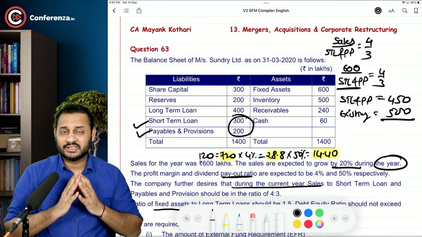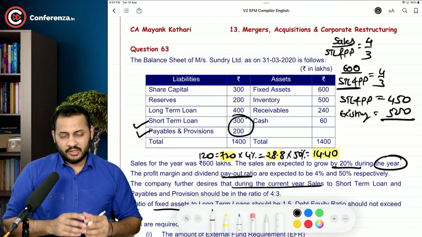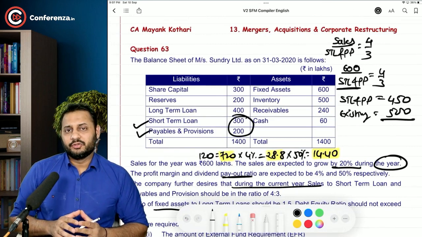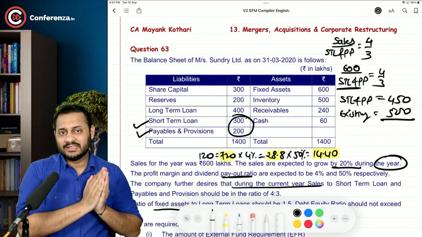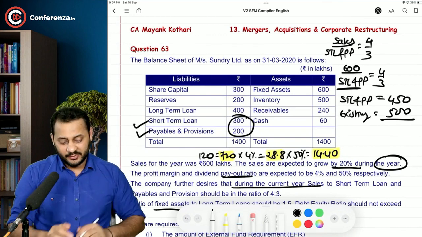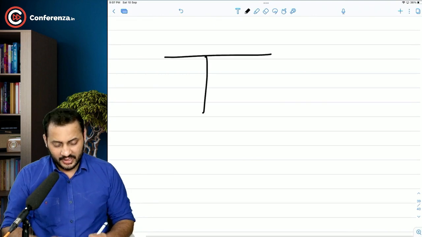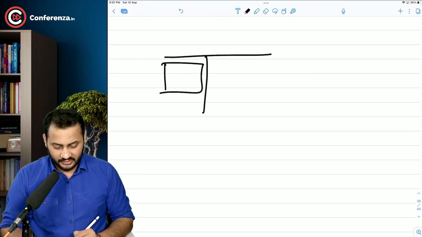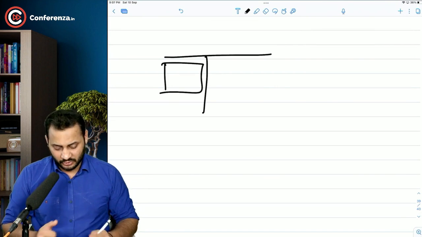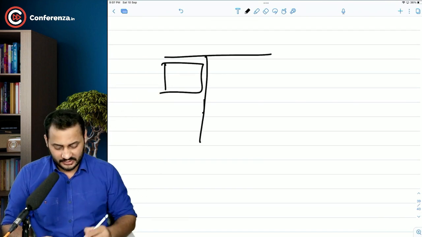Now you need to understand one thing. If you remember the corporate valuation questions, sales is increasing by 20%. That means the entire balance sheet will get affected. This is the part of the balance sheet where the share capital, reserves and surplus and long-term loans, the capital related parties, are there.